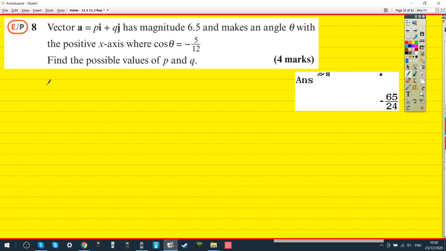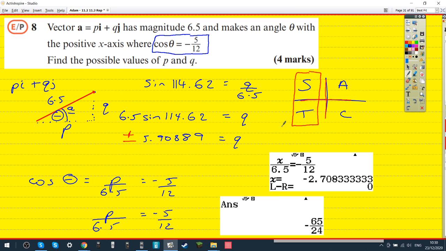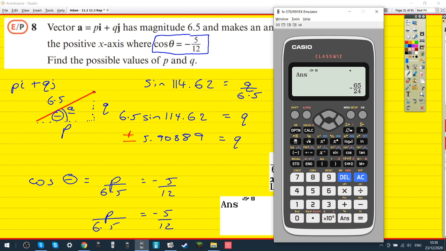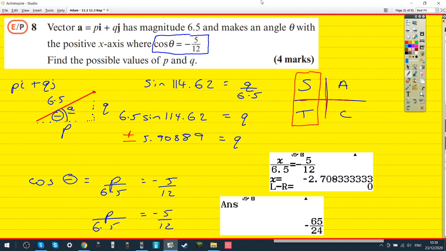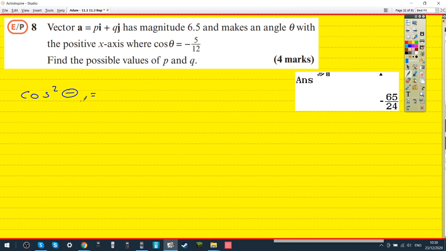Yeah. The Q one, what if we squared both sides? Cos squared theta. In fact, that's what I should have done. Hang on, I want to go back to this sine one. What if we squared both sides? So what is cos squared theta equal to?